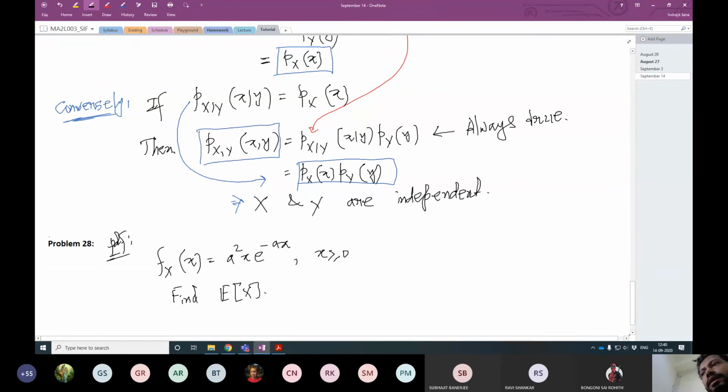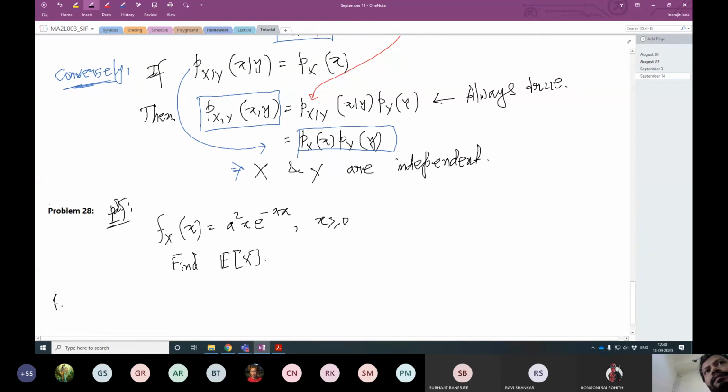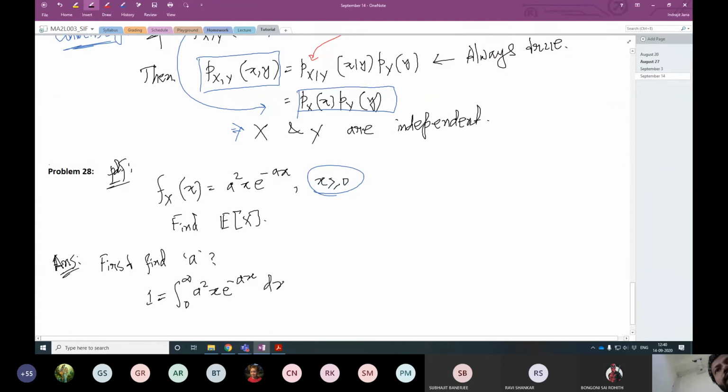So first thing that you need to do is figure out a. So the integral of the PDF dx has to be equal to 1.